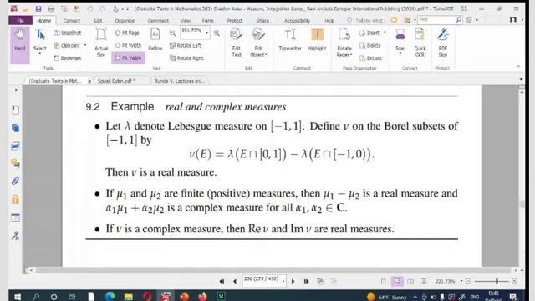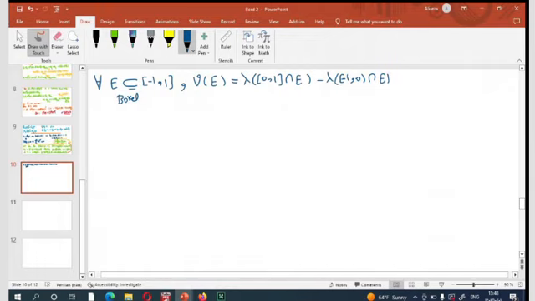Okay. Then you can see that this nu is countably additive.